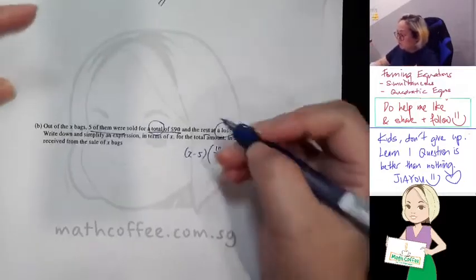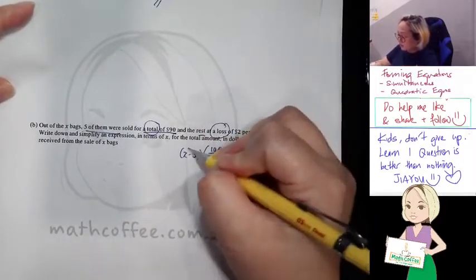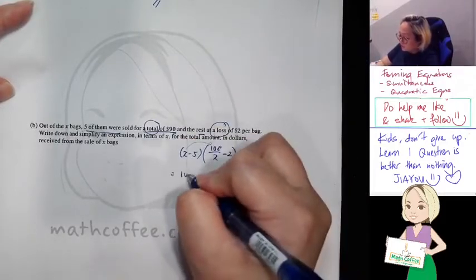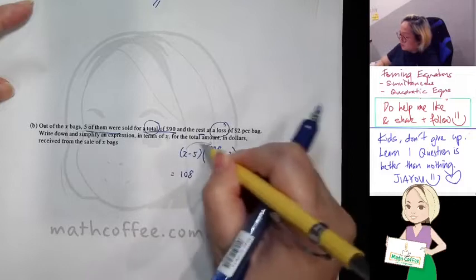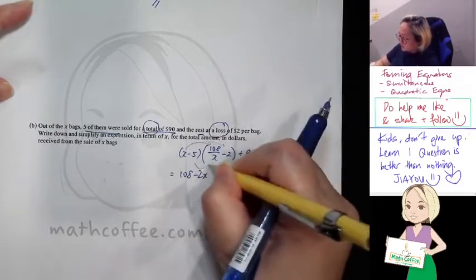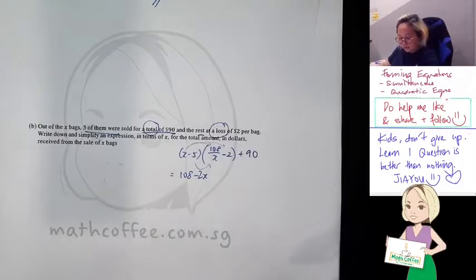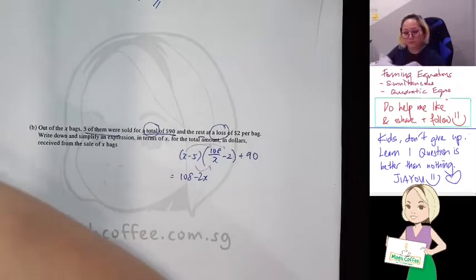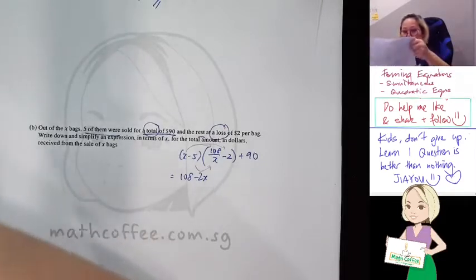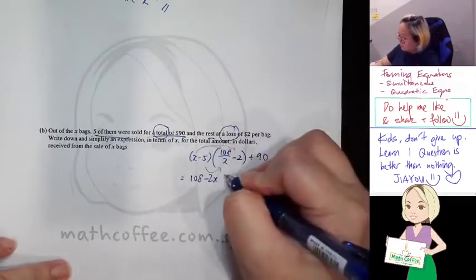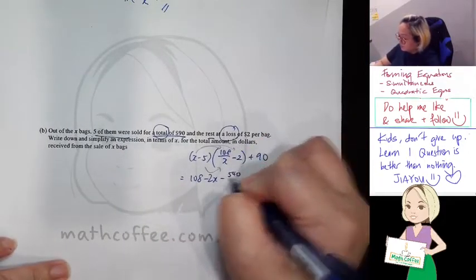So with this, of course, we need to simplify a bit. So we're going to rainbow again. This one times this one, just now I've taught you, so it's just 108. This one times this one is minus 2x. This one times this one is, wait, okay, this is minus 540 over x.